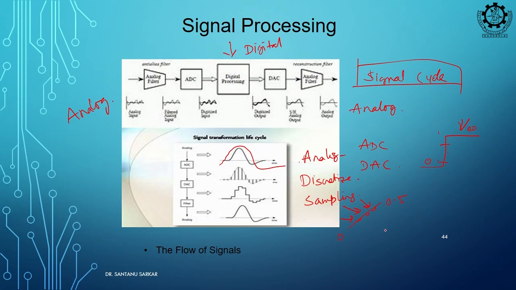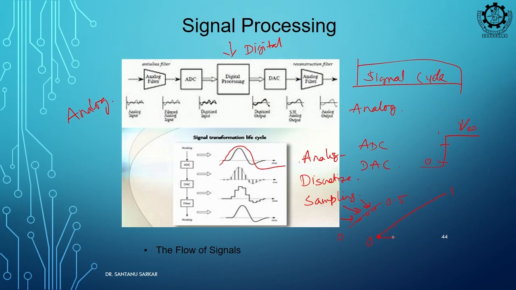See, I have this signal, moving from 0 to say 1 volt. Now, continuously, each voltage I cannot copy. Suppose I sample 0 volt and convert it to the equivalent digital.